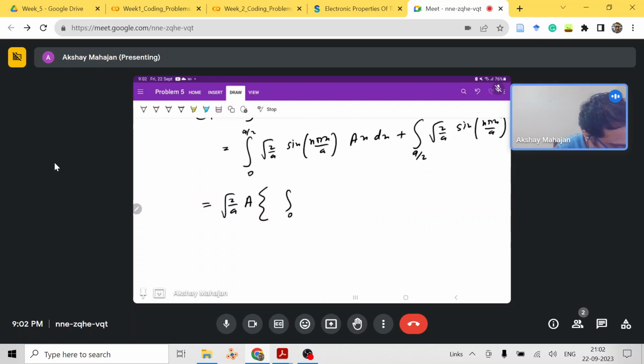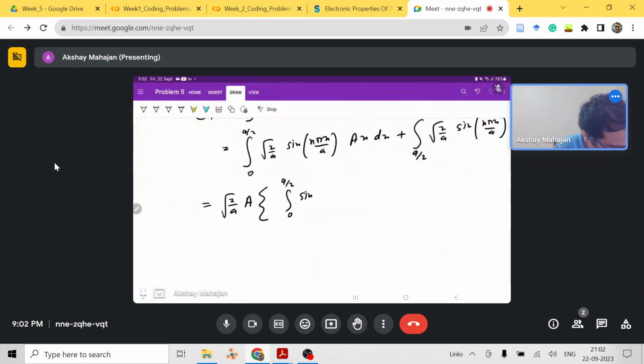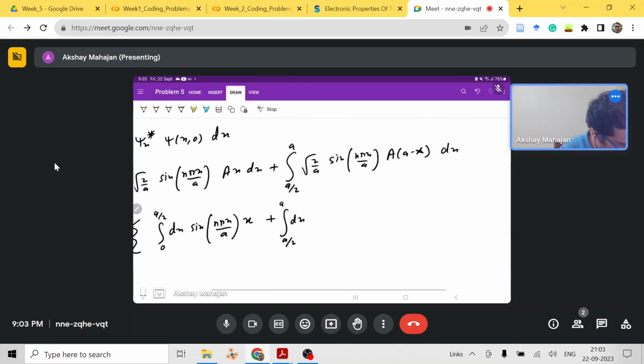So I will have integration from 0 to a by 2 of sin of n pi x by a times x dx, plus integration from a by 2 to a of sin of n pi x by a times a minus x dx.